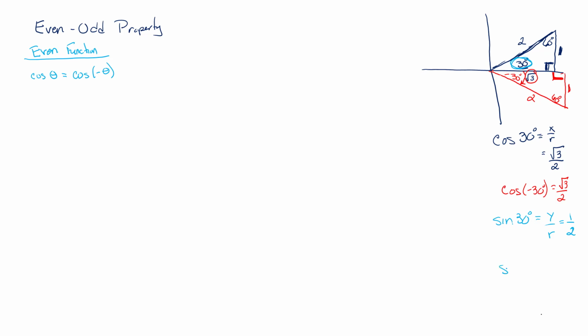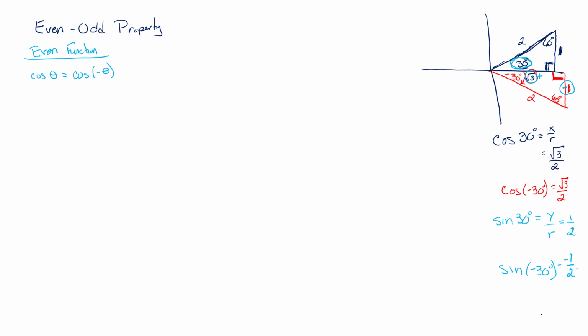Now, let's look at the sine of a negative 30-degree angle. Okay, so this is in quadrant 4, correct? And in quadrant 4, x is positive, but your y is negative. So in this case, I would have a negative 1 over 2.